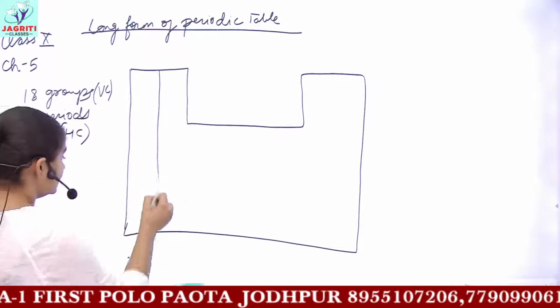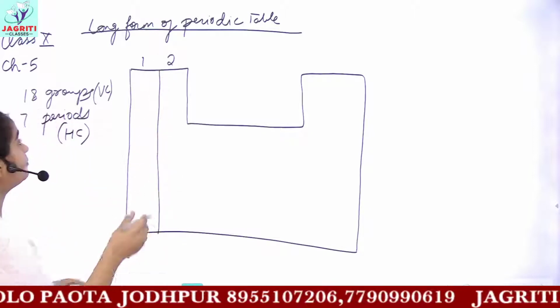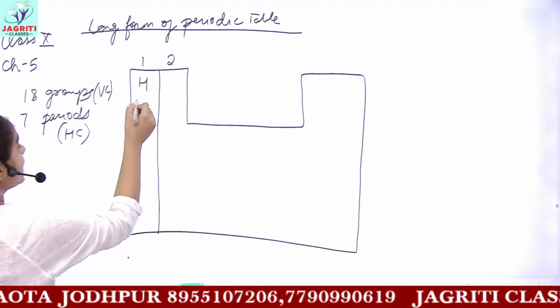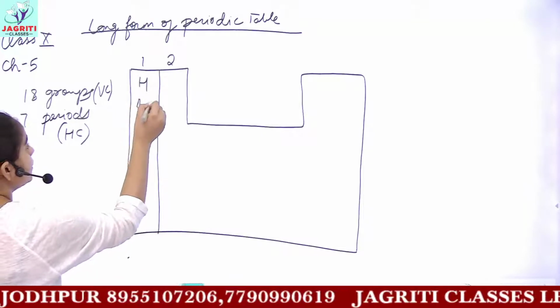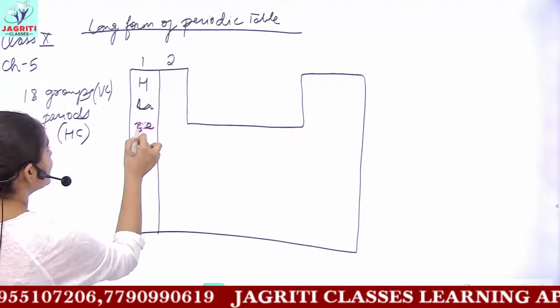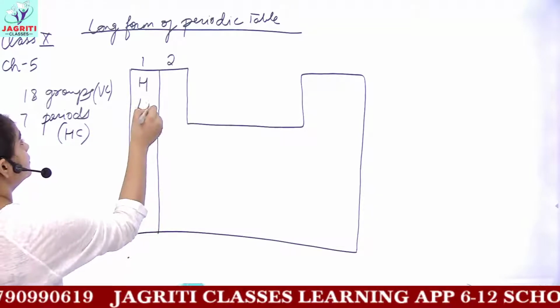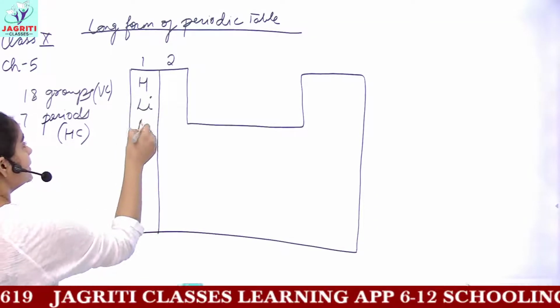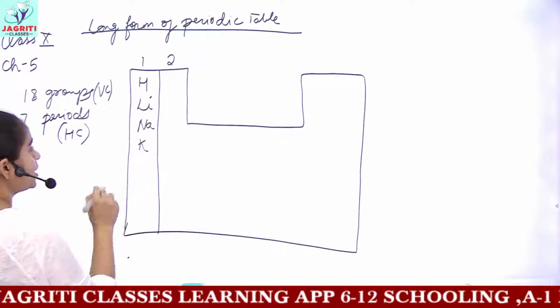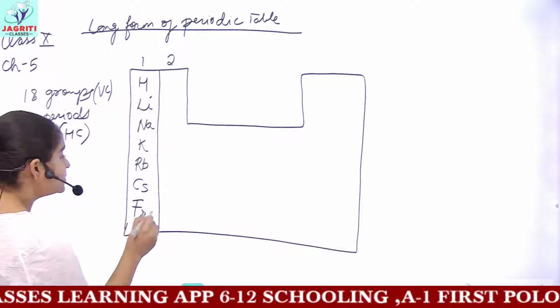These 1, 2 are your groups. Your first group contains elements like hydrogen, then lithium, sodium, potassium, rubidium, cesium, and then francium.